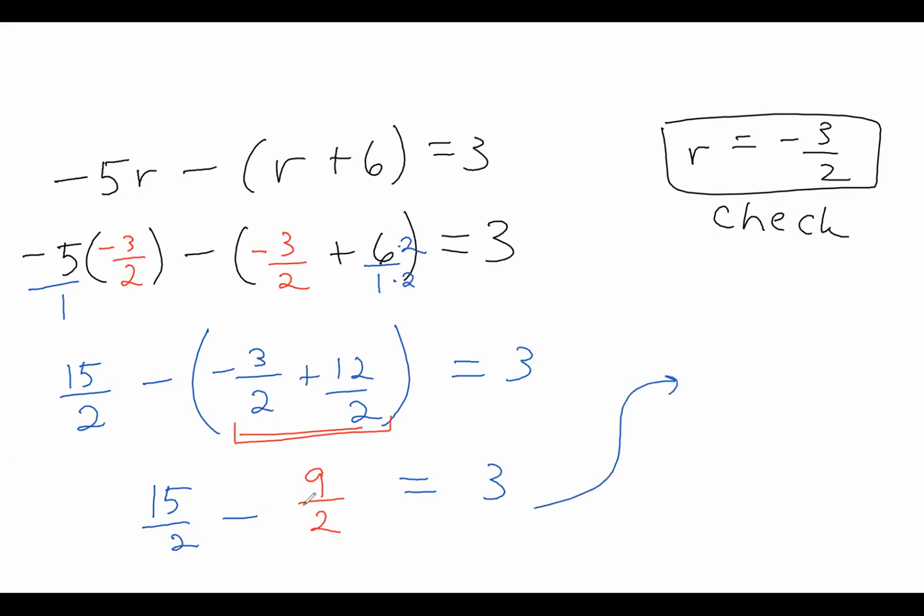Okay, 15 minus 9 is 6, and we can do that because we have a common denominator. So 15 over 2 minus 9 over 2 is 6 over 2 equals 3, and then yes, 6 divided by 2 is 3. 3 equals 3. It checks. Okay, so our solution works. It checks out. Our solution is negative 3 over 2.